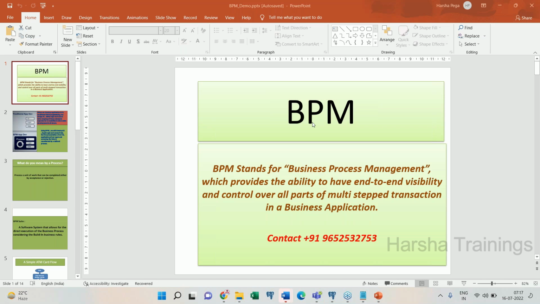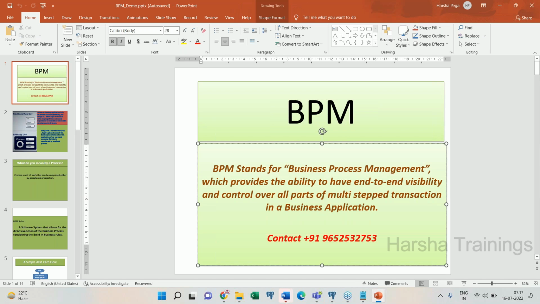See, so like this, any business application that you are going to create, a work process will be there. In technical terminology, you would be calling that work process a transaction. So a transaction is a work that will be performed from beginning to ending in a business application. That may be any business application.